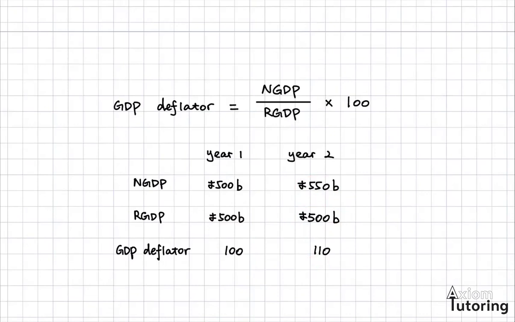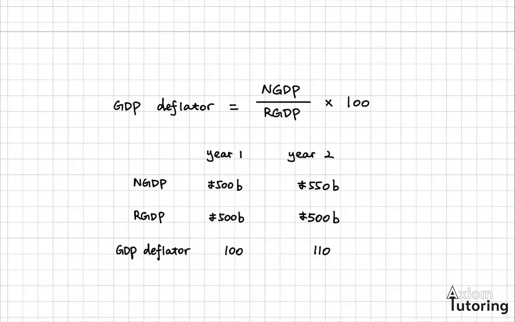It means that the average price level of domestically produced final output is 10% higher than that in the base year. The reasoning is a GDP deflator of 100 means prices are at the base year level, while a GDP deflator of 110 means prices are 10% higher than in the base year.